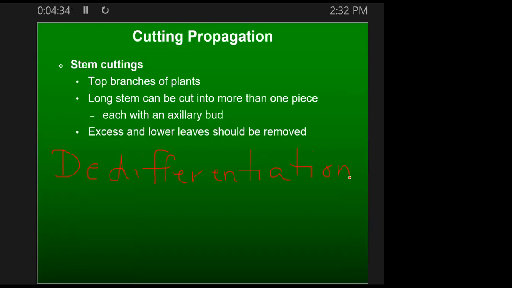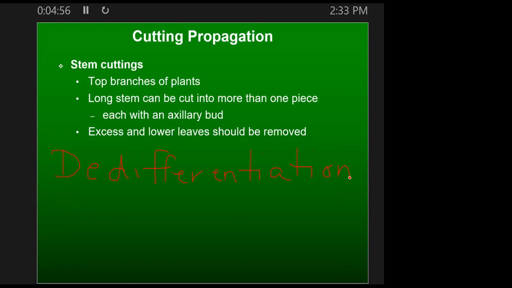So they have to go, oh, okay, well, I was a stem cell, but now that I've been amputated off the plant, I need to do roots in this section. And so they'll stop being the stem tissue cells, and then they will shift into root cell growth. And so roots will start to grow from there.